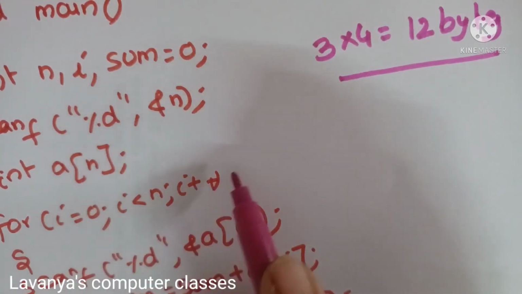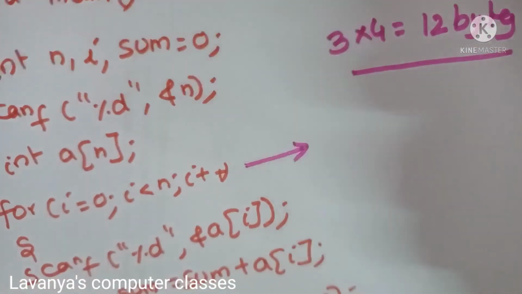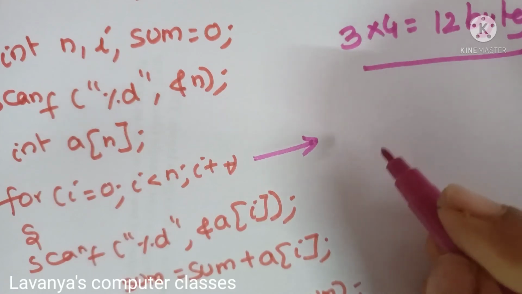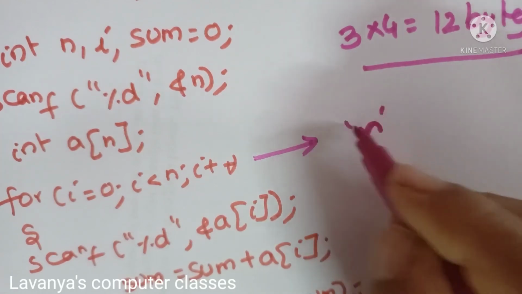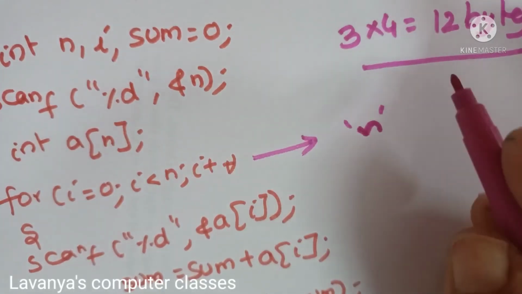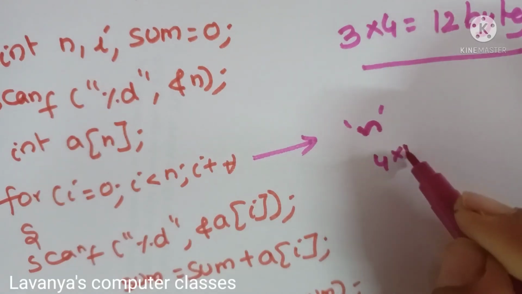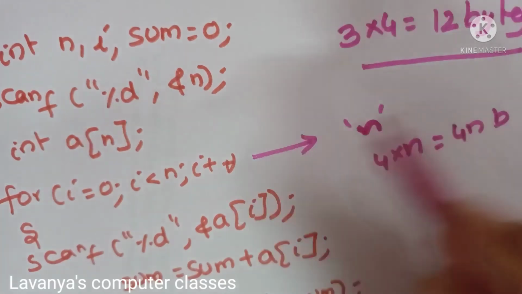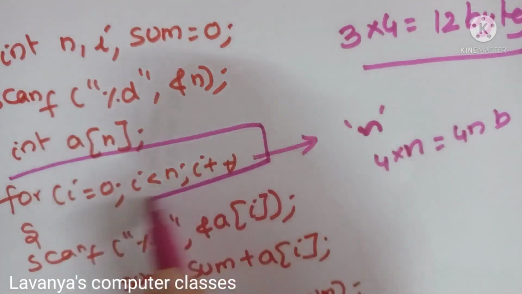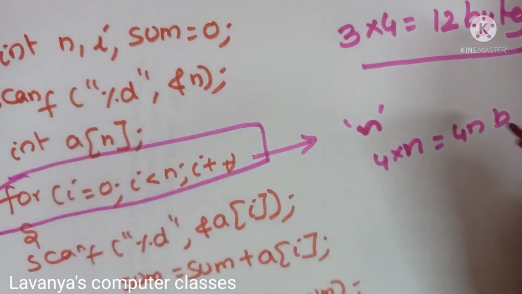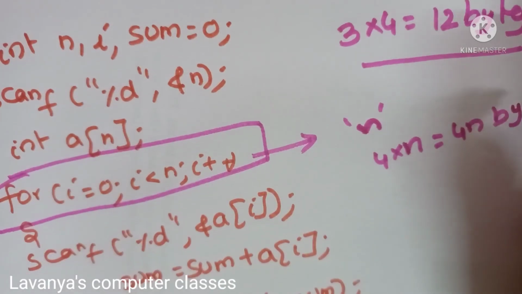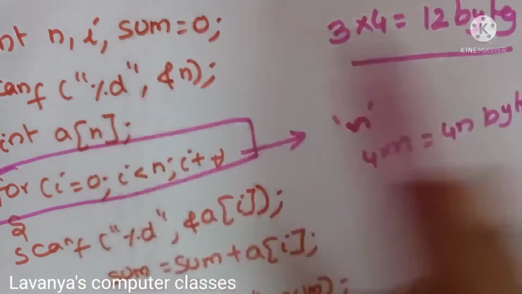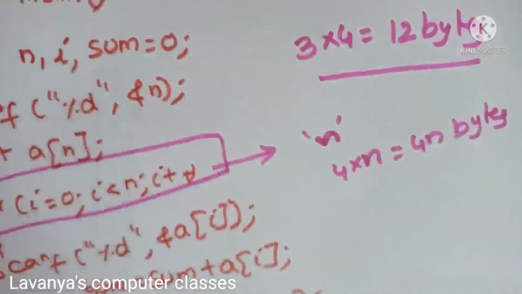The loop is executed n times, so we need memory for n elements. Each occupies 4 bytes, so 4 into n, 4n bytes of memory is required for storing the array elements. For storing the ordinary variables we need 12 bytes.